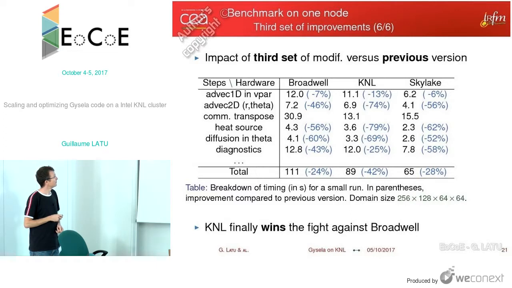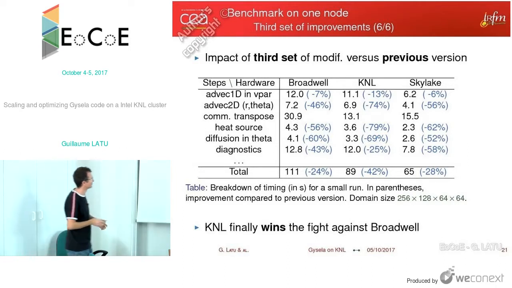The heat source, diffusion and diagnostic have been much improved by the LU solve trick in order to put them all together to vectorize better. And at the end, we have KNL going faster than Broadwell. So it's worth the pain. And Skylake is really way better than the two others.